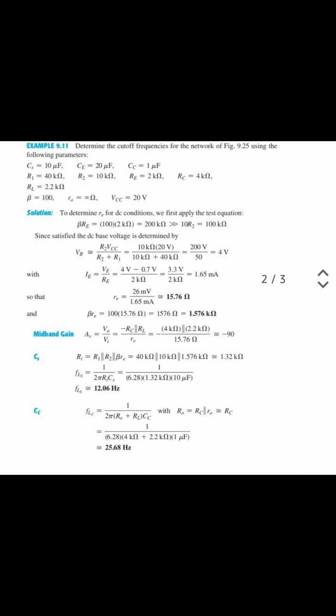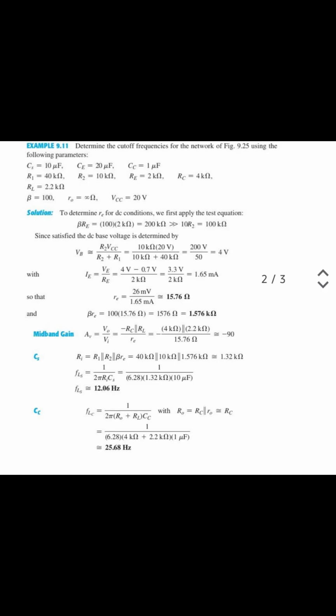For the input coupling capacitor, we have Ri equal to, with our formula earlier, R1 parallel to R2 parallel to beta re. We have 1.32 kilo ohms.